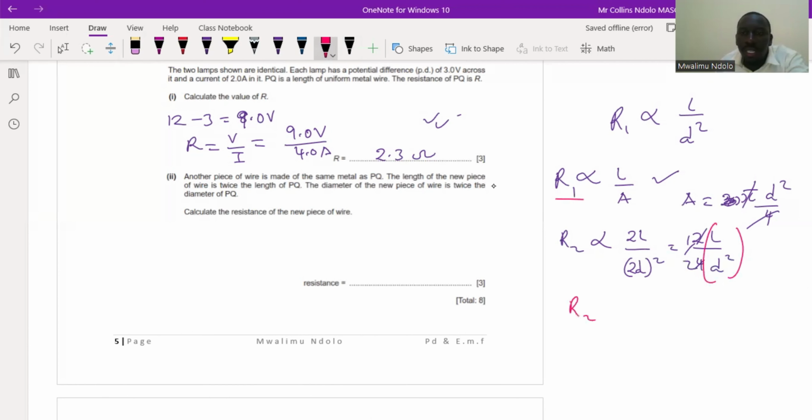So R2 is basically equal to a half of R1, and that is a half of 2.3. So a half of 2.3, we expect 1.15, which to two significant figures is 1.2 ohms.